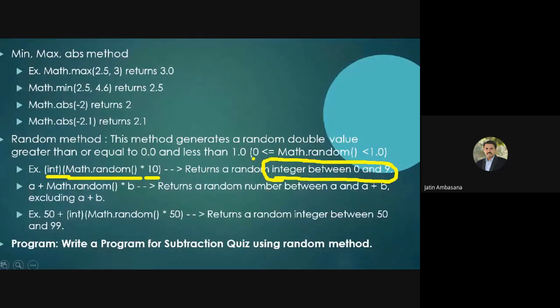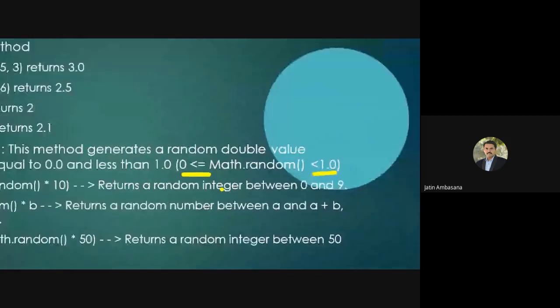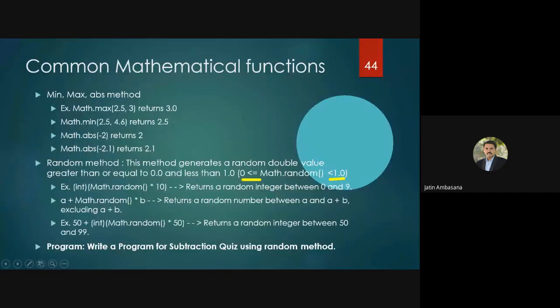The value you get from Math.random is less than 1.0, never equal to 1.0, but it may be equal to 0 or greater than 0. That's why you don't get 10 here.